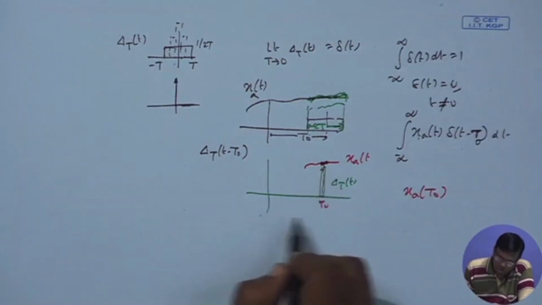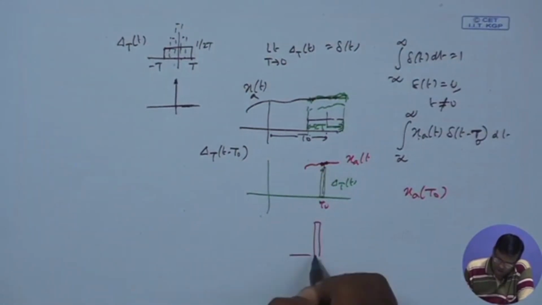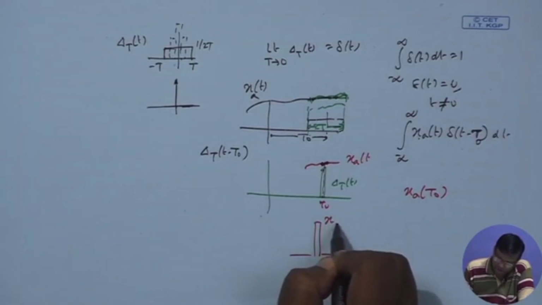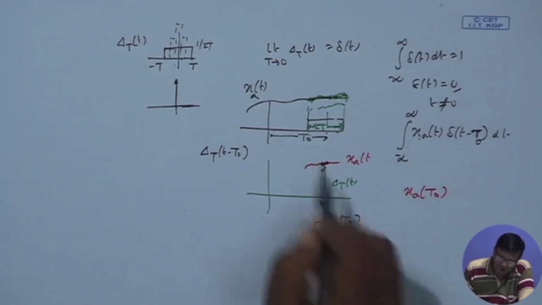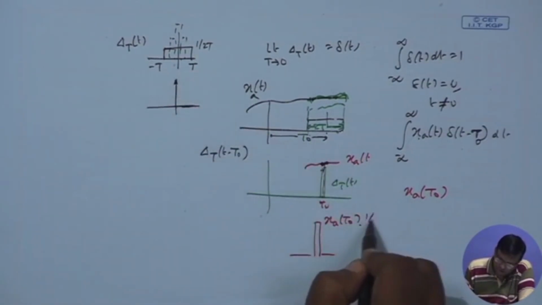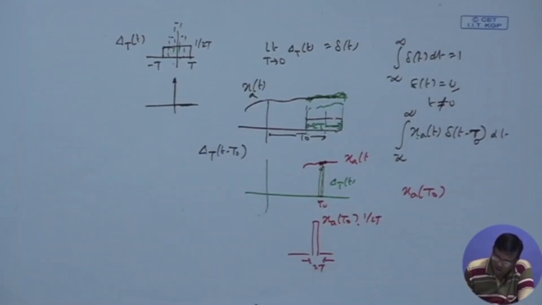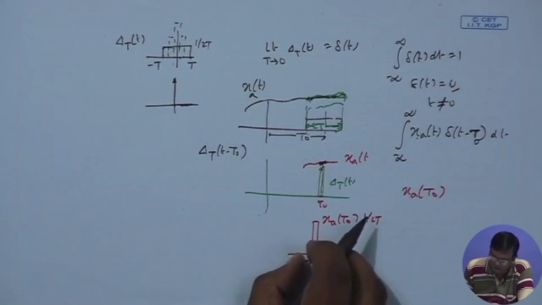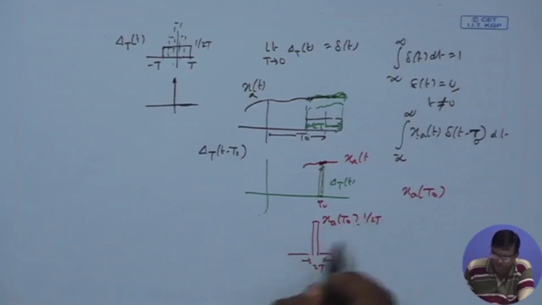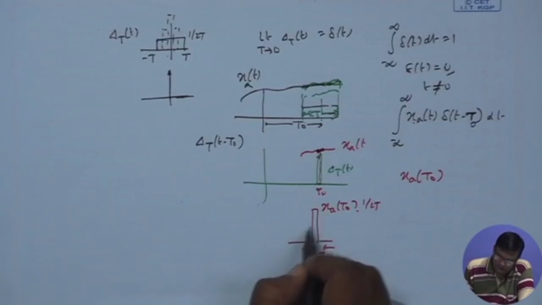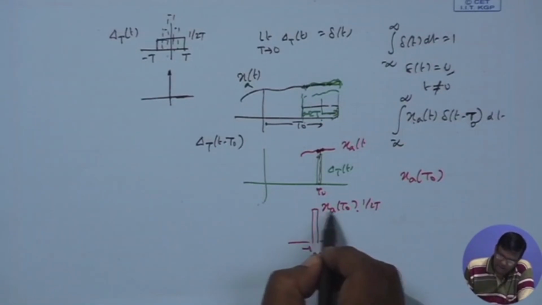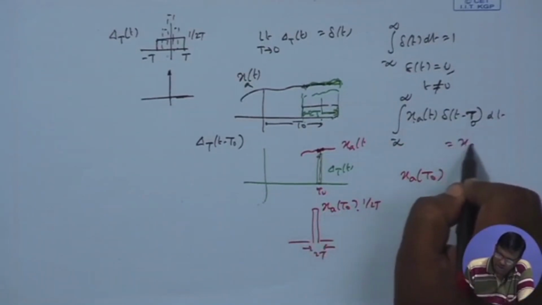Now it will be a rectangular pulse only, with height x_a(t naught) times 1 by 2T. Then slowly you make capital T go down further to 0, and the height will go up, but the area under this will remain x_a(t naught).